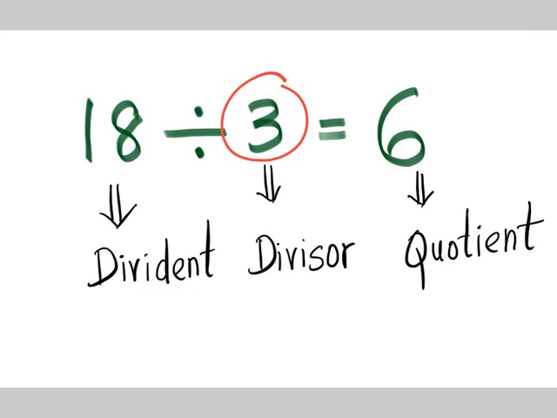And 3 is called the divisor. The number by which the dividend is being divided is the divisor. And the result is the quotient. Quotient is the result obtained in the division process.